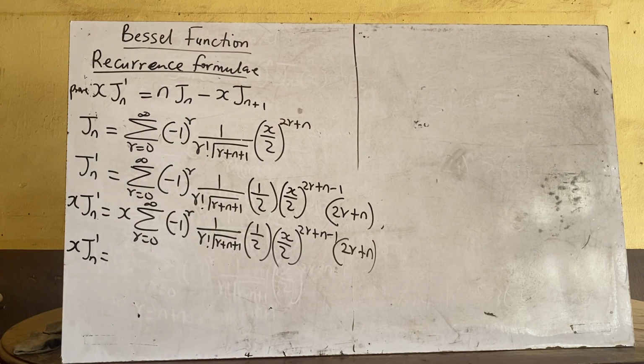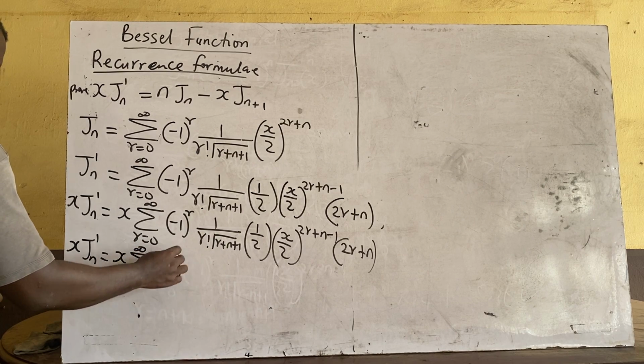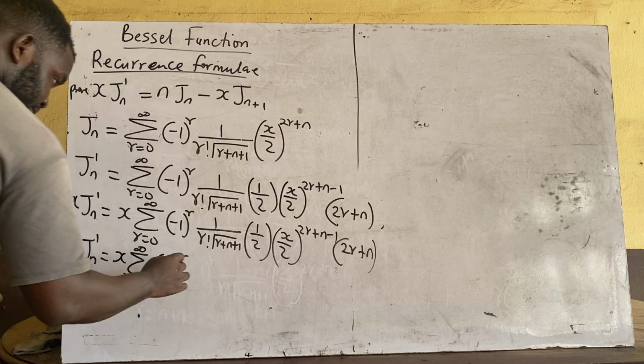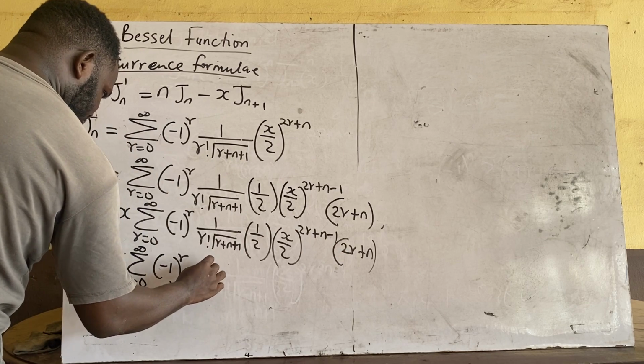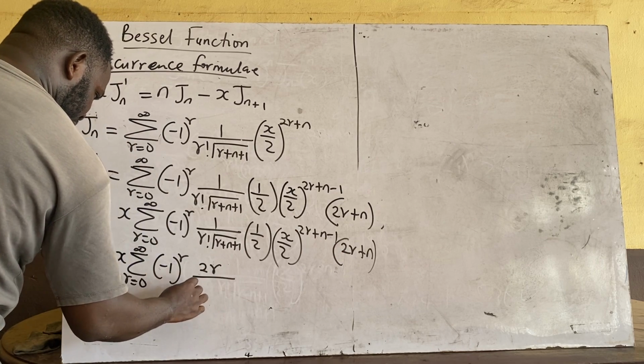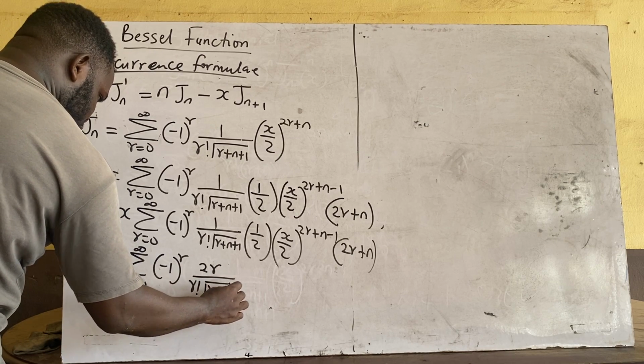So this will now be x, the summation of r starting from 0 to infinity of minus 1 raised to power r, then 2r first. So let me have it on top here. 2r all over r factorial, the gamma function of r plus n plus 1.